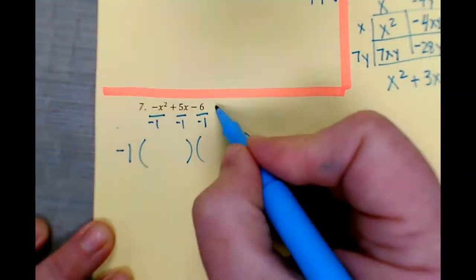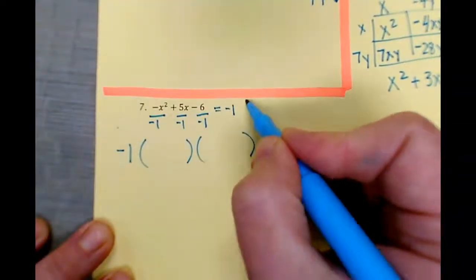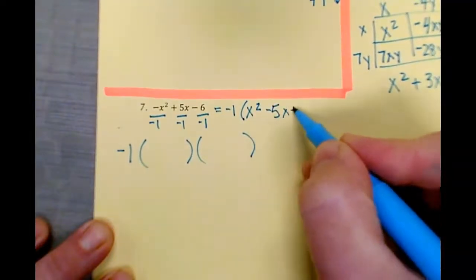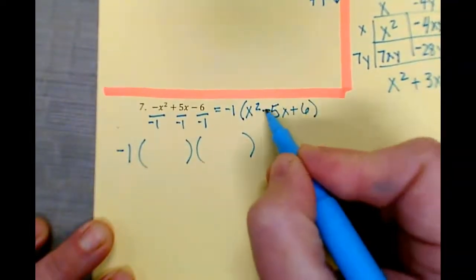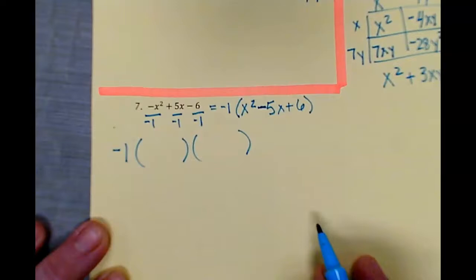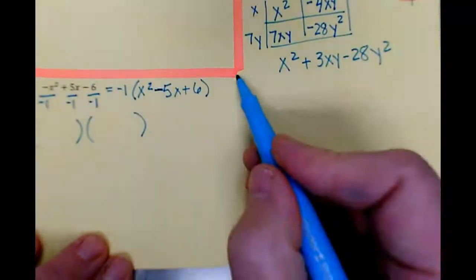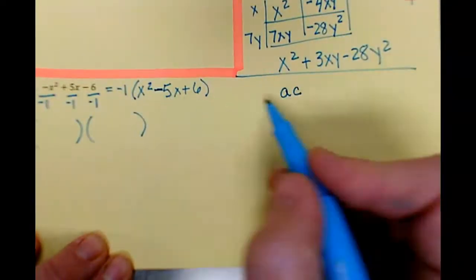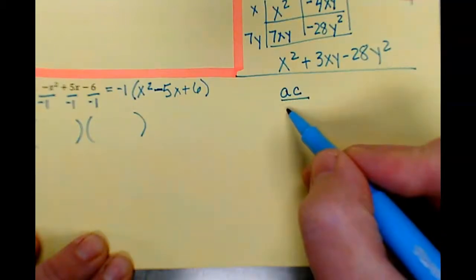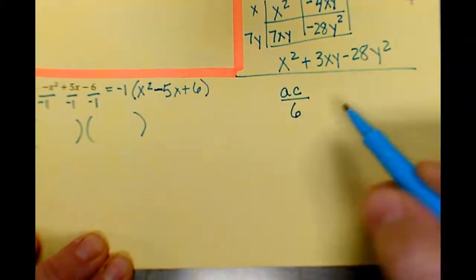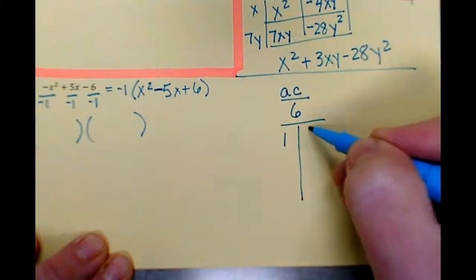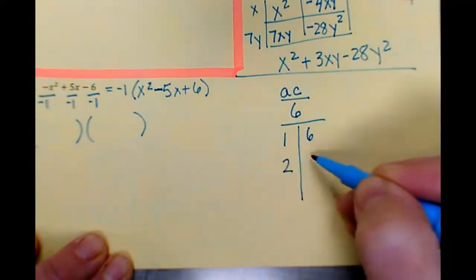When I factor a negative 1 out, x squared minus 5x plus 6. So my a times c would be 1 times 6, and the factors of 6 are 1 times 6 and 2 times 3.